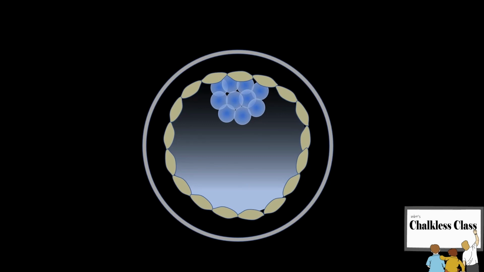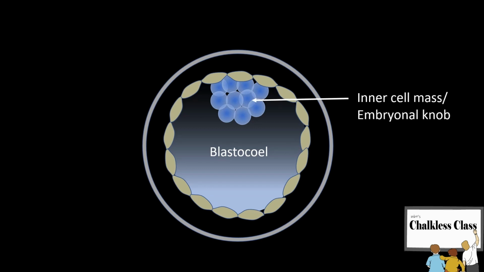The peripheral cell layer secretes a fluid into the interior, creating a cavity called the blastocoel. This process, which occurs about 4 days after fertilization, is called cavitation. The inner cells are pushed to one side as the embryonal knob by the cavity. With the formation of the cavity, the morula transforms into a stage called a blastocyst.